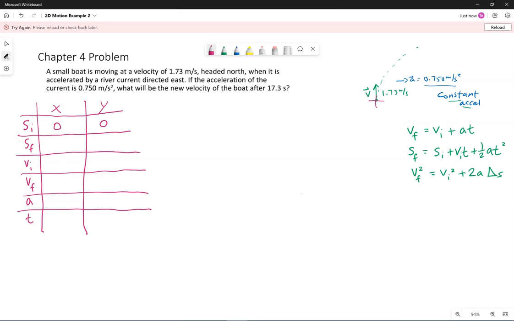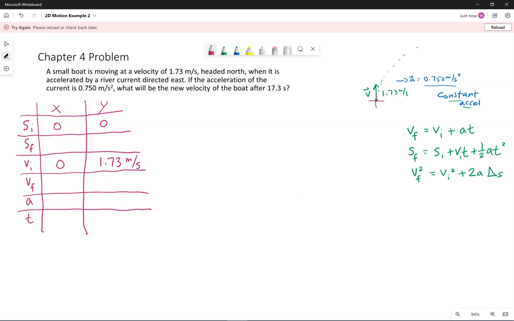The final position, this problem doesn't tell me anything about where the boat is finally. It also doesn't ask for it, so we don't know the values to plug in. The v initial, well, it told us the boat was headed north, which means it was moving in the y direction and not the x direction initially.